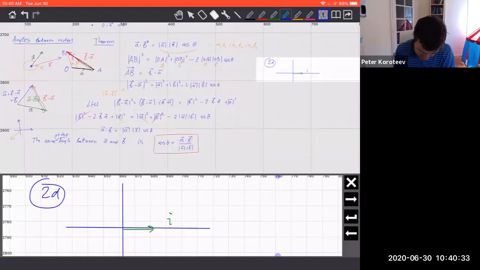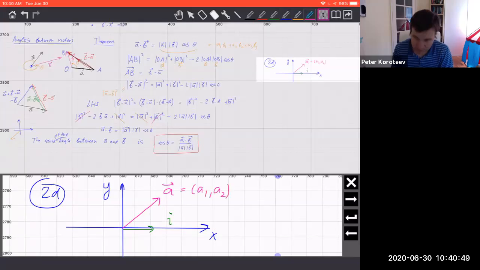So we have x and y, and then there's a vector A with coordinates a1 and a2, right? And I is our usual thing. It's 1, 0.